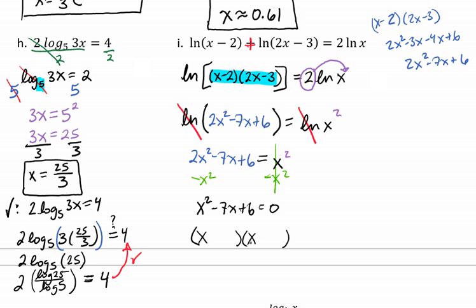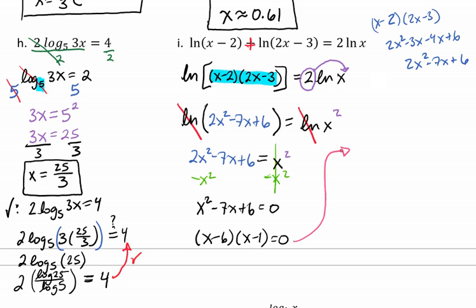So are there two numbers that will multiply to 6, but that will add to 7? And the answer is yes. You could use a negative 6 and a negative 1 to do that. So from here, we can use our zero product property. So let's move over here and give ourselves a little bit of space to work.